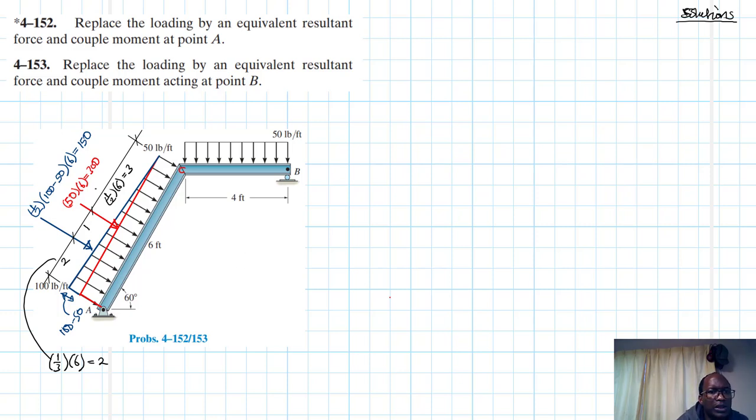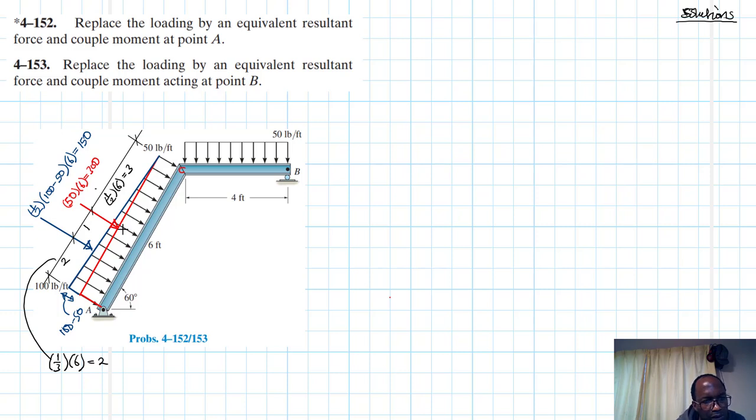So like we said, we are going to need to map these distances here, especially when we begin to take moments about point B. So let me do it in advance.